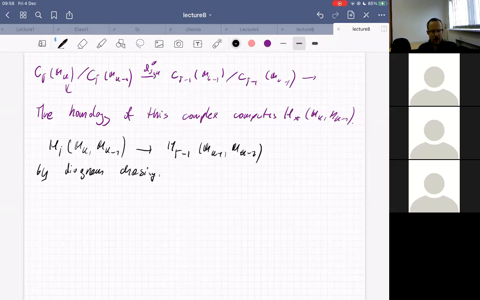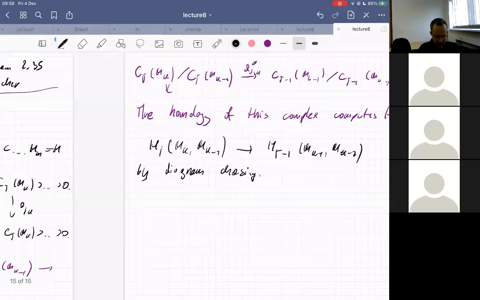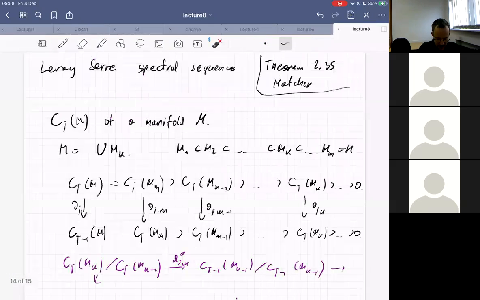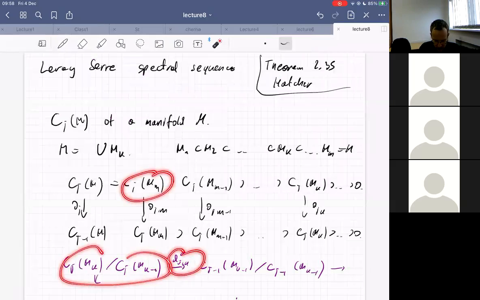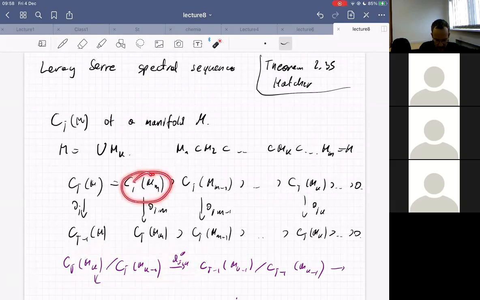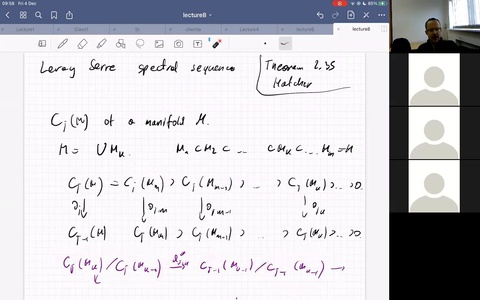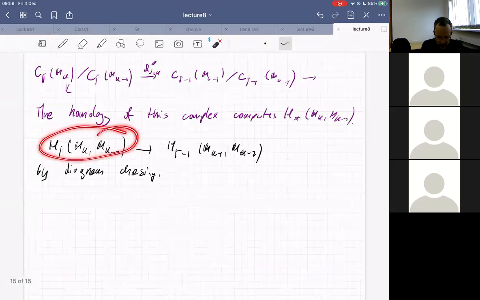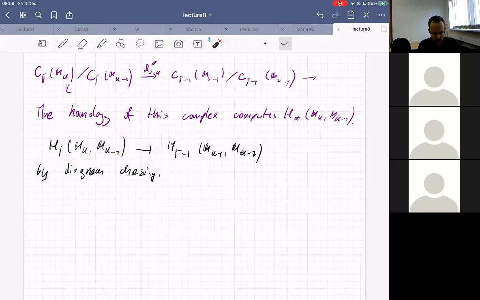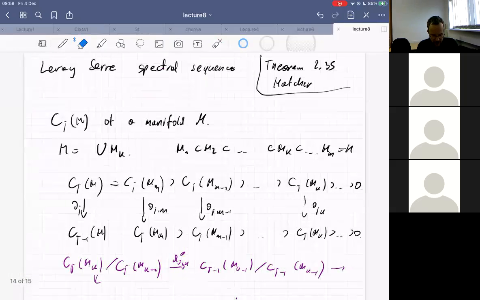If you never saw this, try to define the map by what I told you: if I have an element in here that is mapped to 0, then I can look at the image of this guy, and if it's mapped to 0, then it has to sit here. And then by diagram tracing, I can show that there is a well-defined map from this guy to that guy, so from homology of this complex to homology of that part. And then I repeat the construction, which is a bit painful.